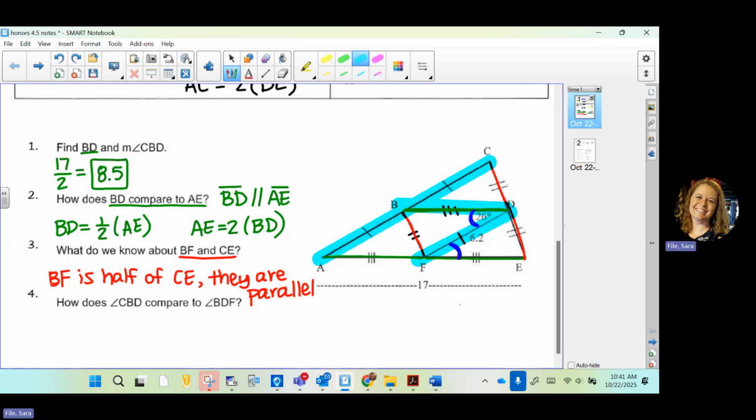Do y'all see that one? What would be 26 degrees in this highlighted blue image? CBD, here. Do you see how, when we're looking at these parallel lines, these are the alternate interior angles?